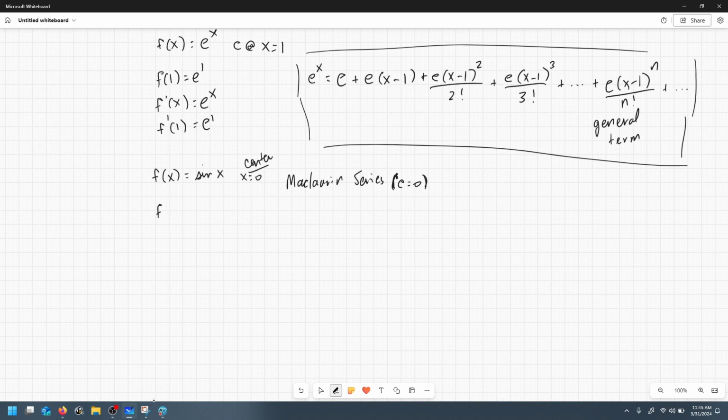So in this case, f of 0, of course, equals sine of 0, which is 0. Then I need f prime of x. Well, the first derivative of sine is cosine. And if I want f prime of 0, we have cosine of 0, which is 1.